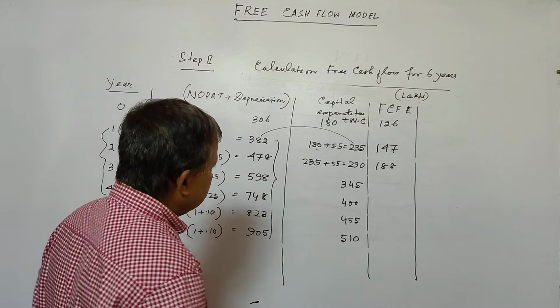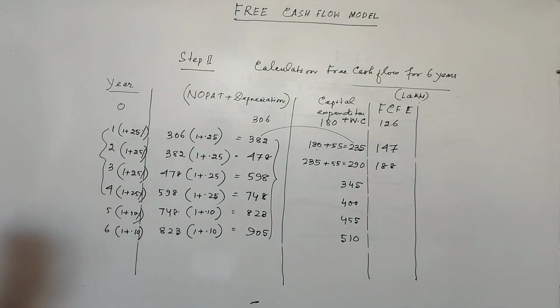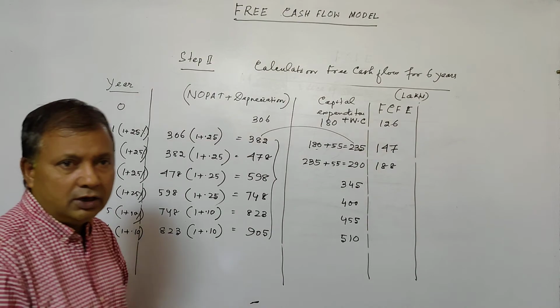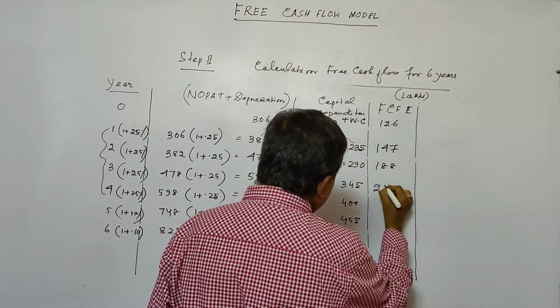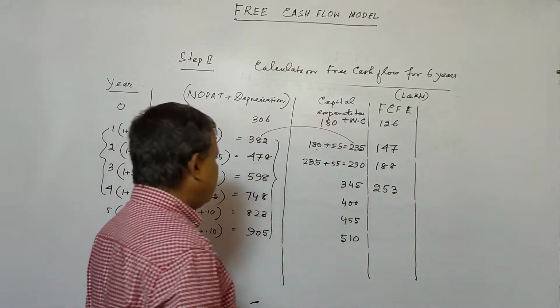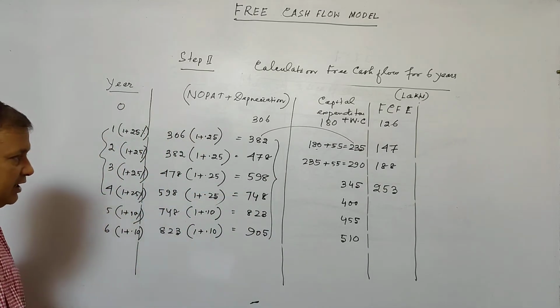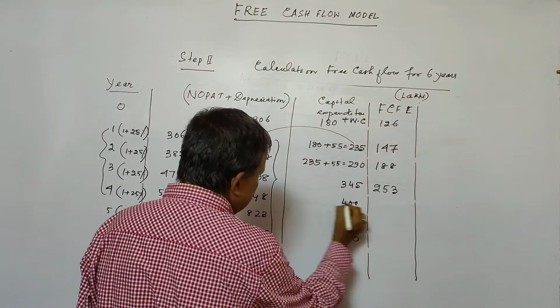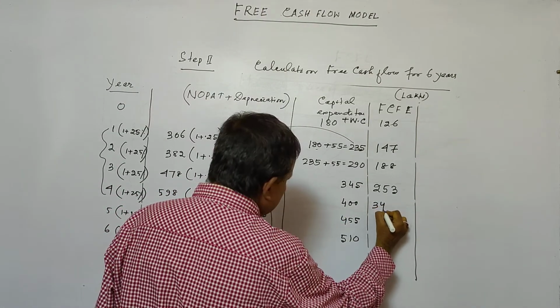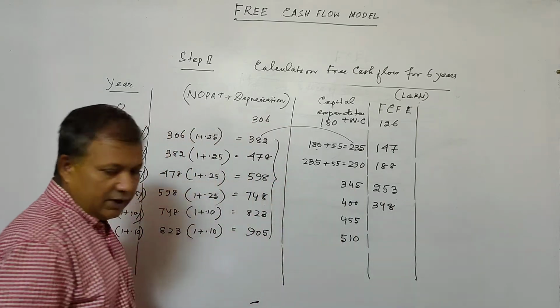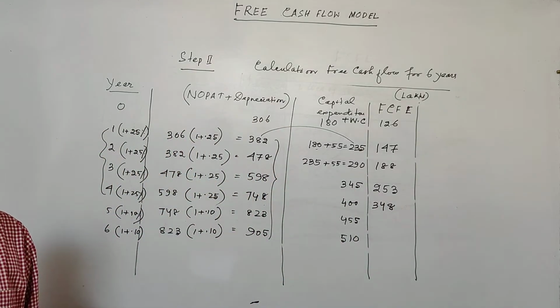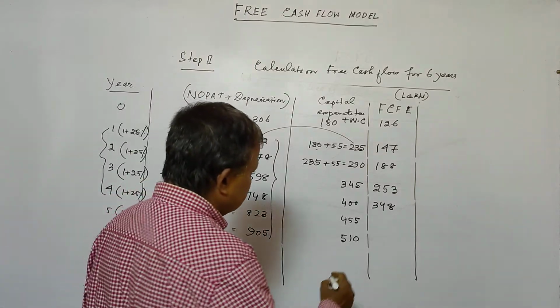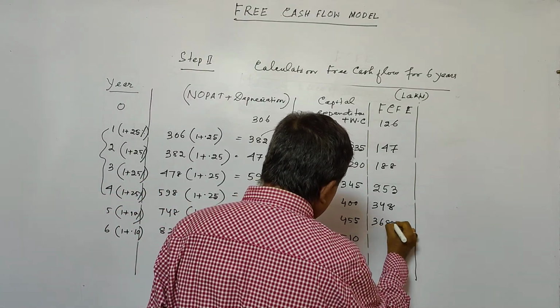Then 598 minus 345, this will be equal to 253. 748 minus 400, it comes to 348. 823 minus 455, it will come to 368.